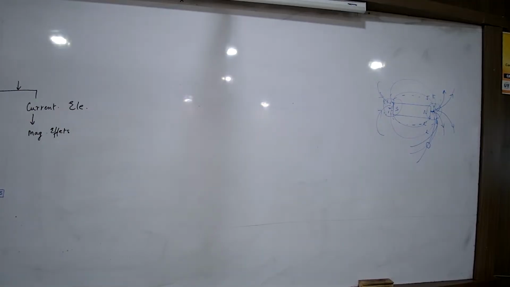Inside it, in the same point you will write, inside the magnet, what will you write? It is from south to north. The direction of the magnetic field. Did you see that? The word direction is so important. Inside the magnet, the direction of the magnetic field is from south pole to north pole.